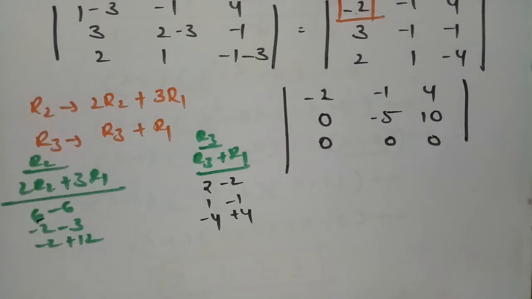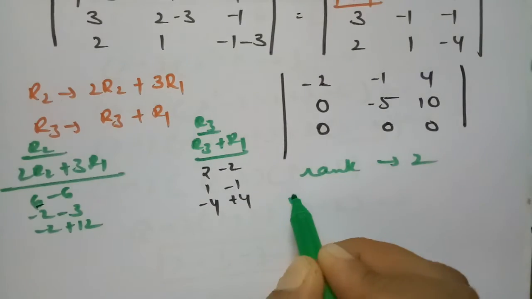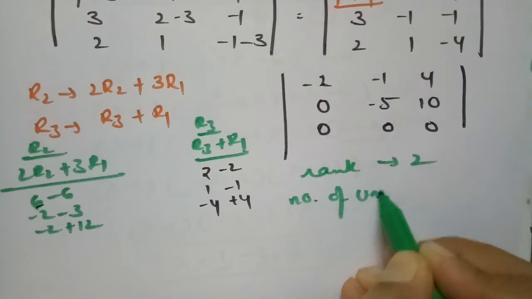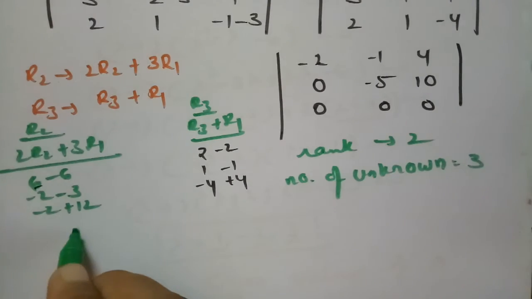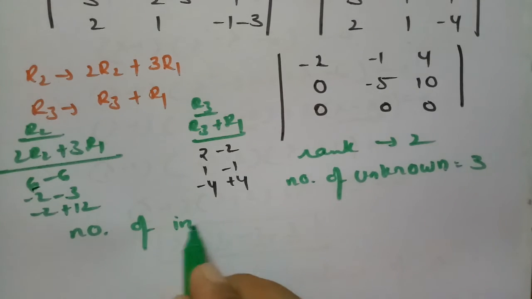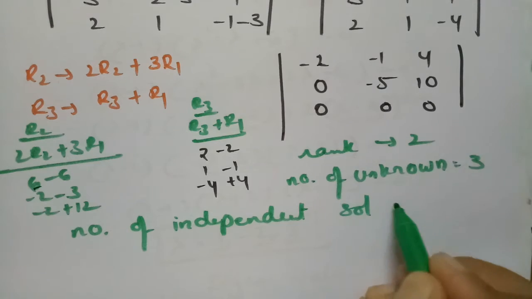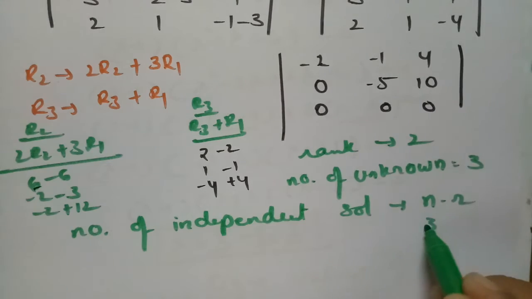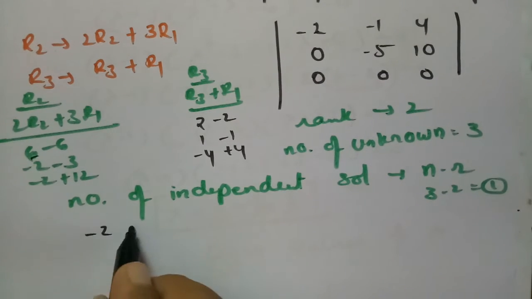If you observe this one, the rank is equal to 2. Number of unknowns is equal to 3. Therefore the number of independent solutions is n minus r, which is 3 minus 2. This is one independent solution we can choose of our choice.